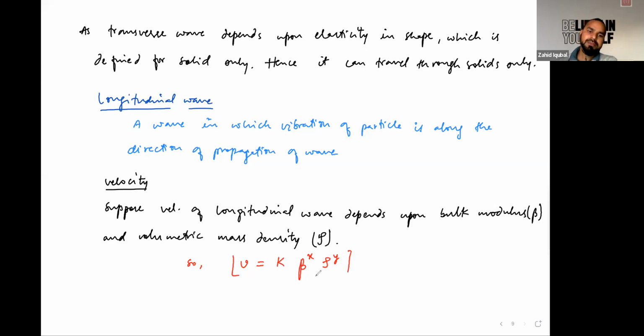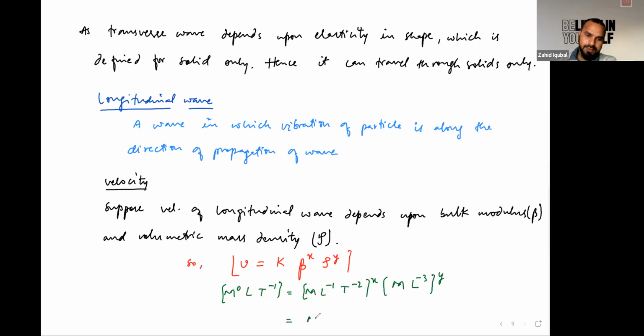If you substitute the dimension of this different expression, velocity having dimension M0 L T to the power minus 1, k is proportionality constant, beta having dimension as stress or pressure. So it will be M L minus 1 T minus 2 raised to x, and density, mass per unit volume, raised to y.